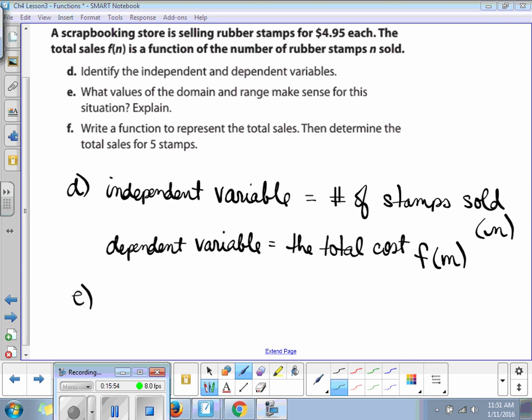Letter E says, what values of the domain and range make sense for this situation? What can I put in for n? What numbers can I put in for n?